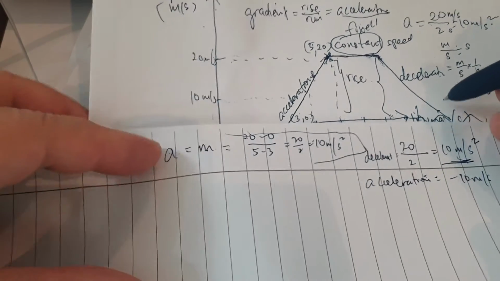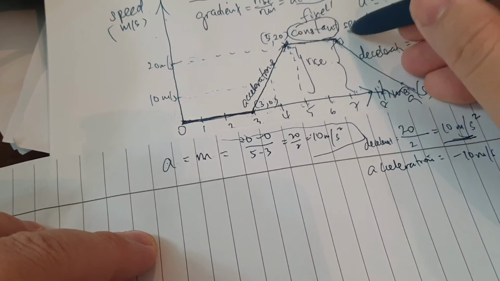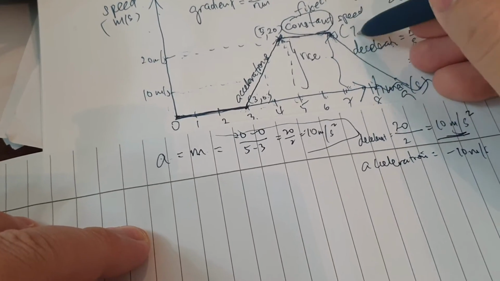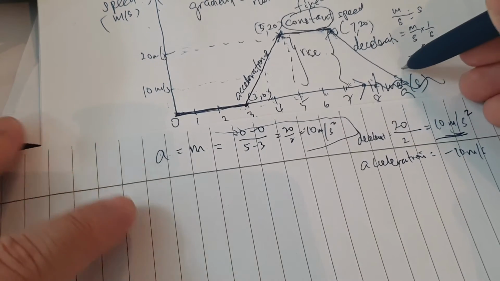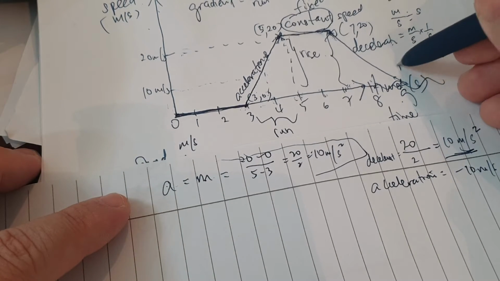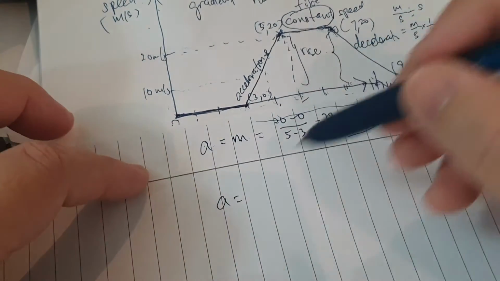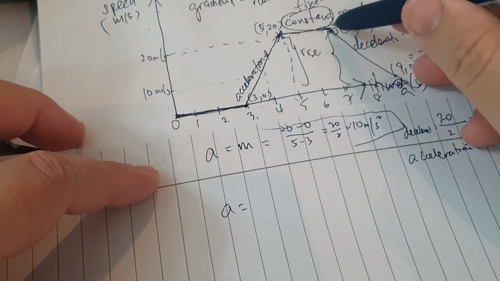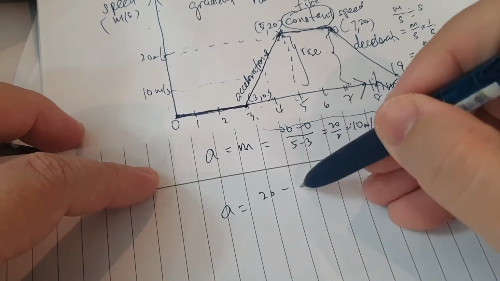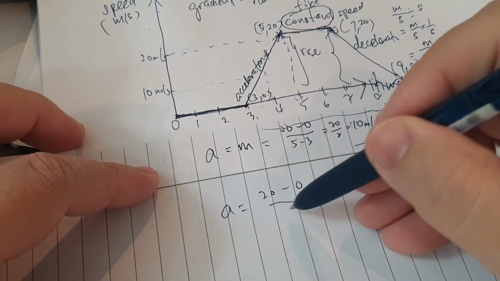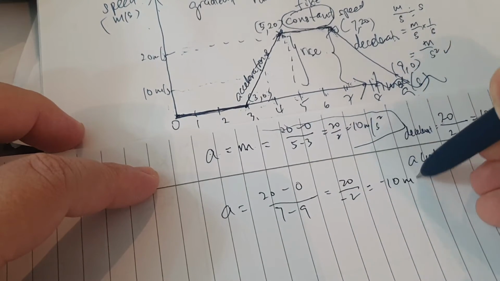Are we clear? If I want to use the gradient formula, this point is (7, 20) and this point is (9, 0). Using the gradient formula, it will be 20 minus 0 over 7 minus 9, which is 20 over minus 2, which is minus 10 meters per second squared.